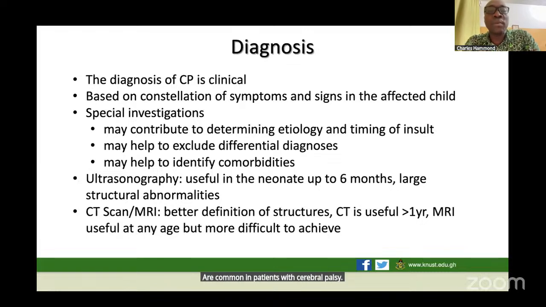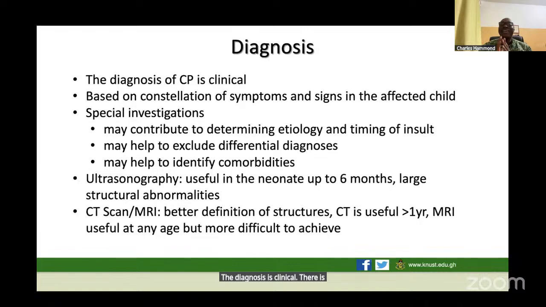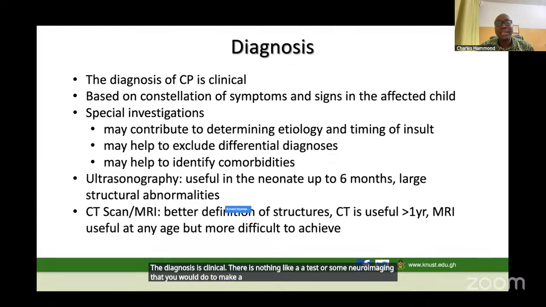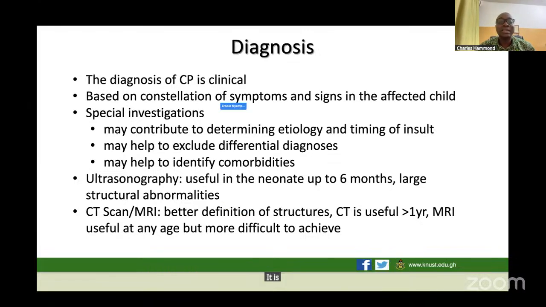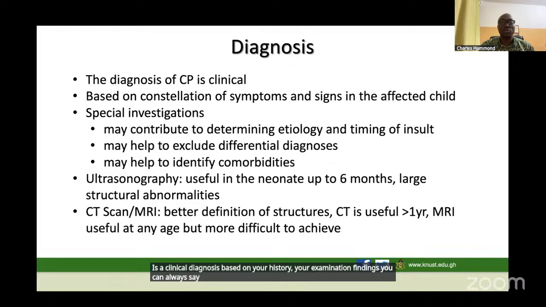I want to talk about diagnosis, and then we'll talk about management in the next few slides. The diagnosis is clinical. There is nothing like a test or some neuroimaging that you would do to make a diagnosis of cerebral palsy. It is a clinical diagnosis. Based on your history, your examination findings, you can always say, I've made a diagnosis of cerebral palsy.